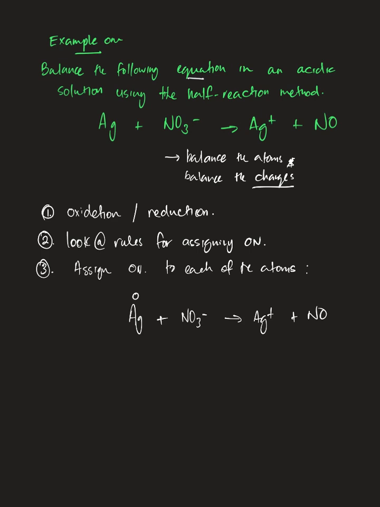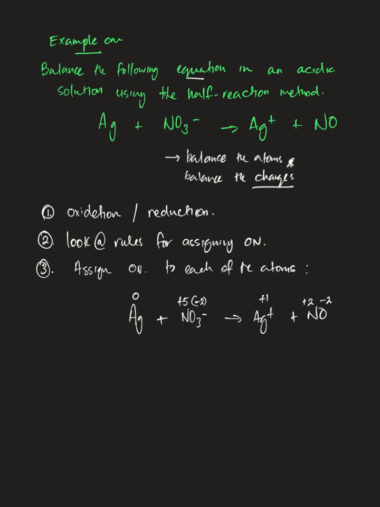NO3⁻ here, I've got -2 and I've got 3 of it, so I've got -6. But I want my overall charge to remain -1, so the N has to be +5. Ag⁺ is +1 and NO has O at -2, which means N must be +2.